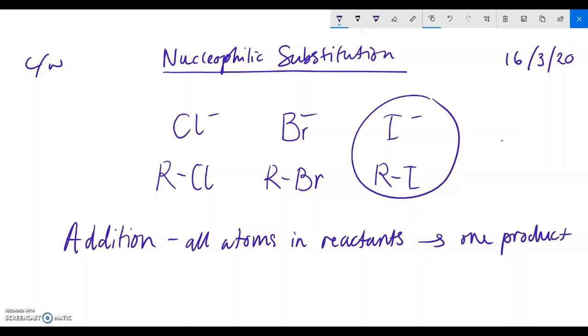Now we've got a new type of reaction, which is a substitution. And this is where an atom or a group of atoms within a reactant is substituted or replaced by another group of atoms.